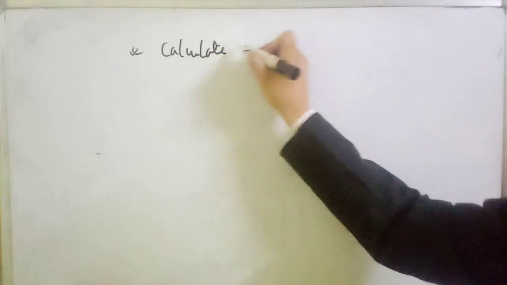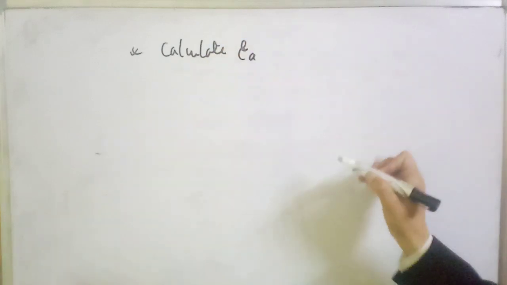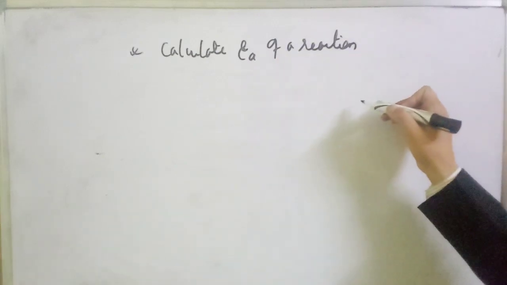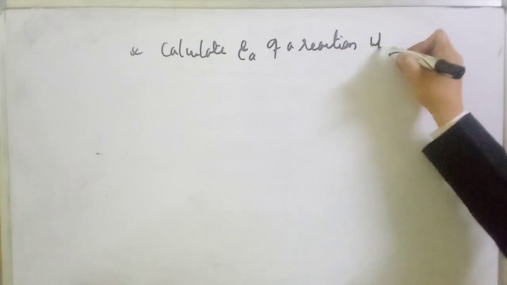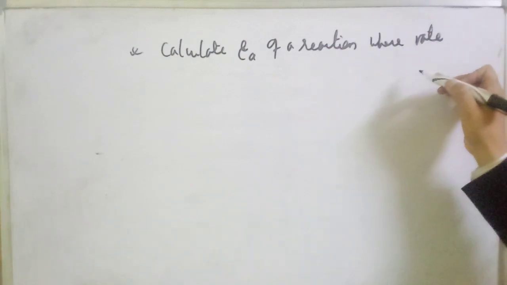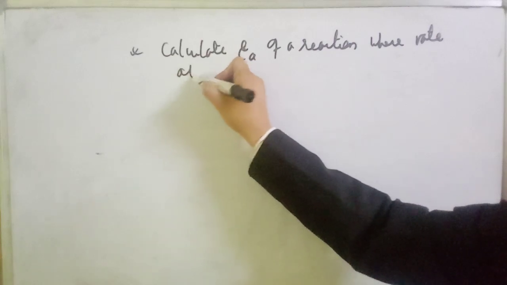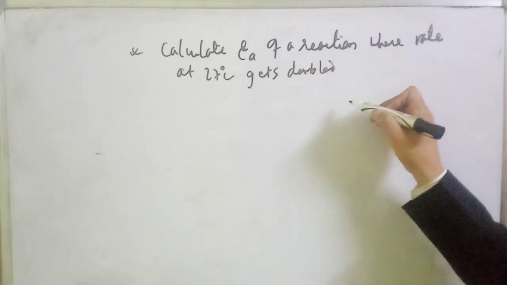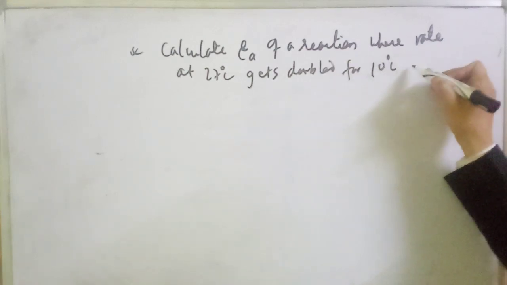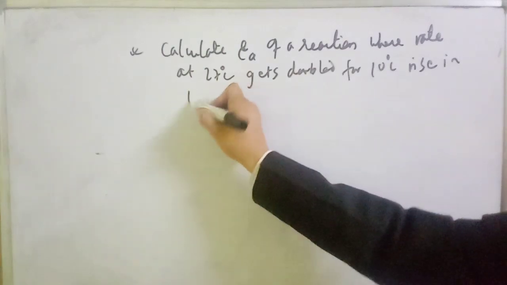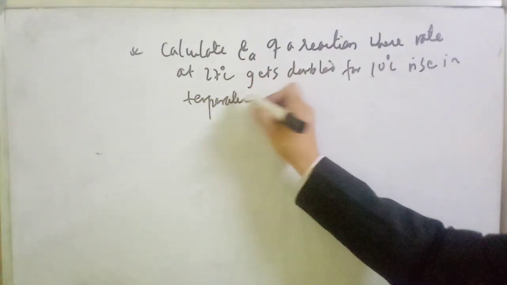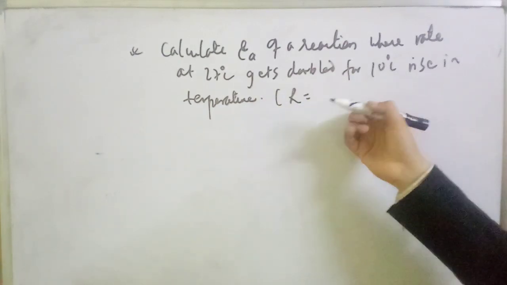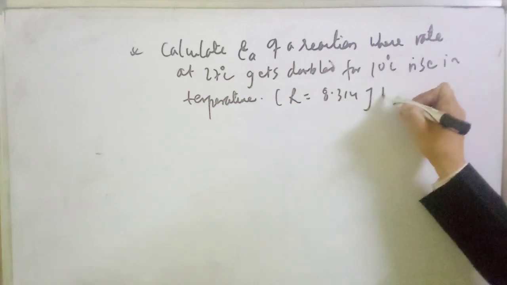Calculate the energy of activation for a reaction where the rate at 27 degrees centigrade gets double for a 10 degrees centigrade rise in temperature, and provided R is equal to 8.314 joule per mole per Kelvin.